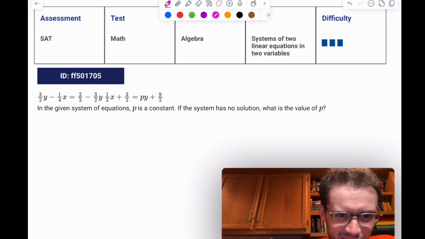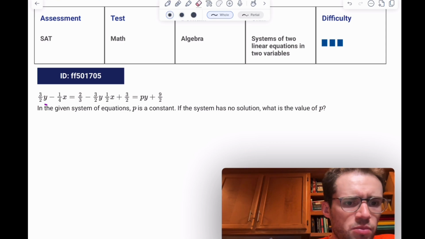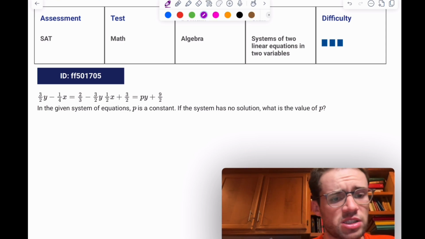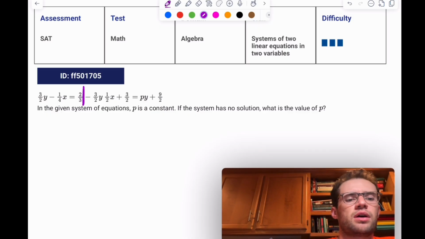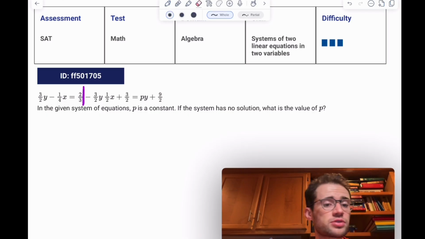It's another one where they didn't space it very well, but I'm just assuming they usually don't put y's on both sides of the equation. I do that sometimes in my algebra classes for my students, but I don't think the SAT will often do it. So for this system, they'll have 3/2 y minus 1/4 x equals 2/3. And then the next equation starts at negative 3/2 y. Oh no, I was wrong.